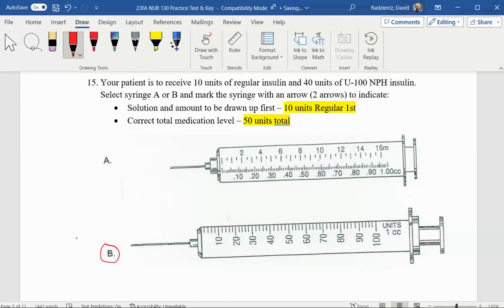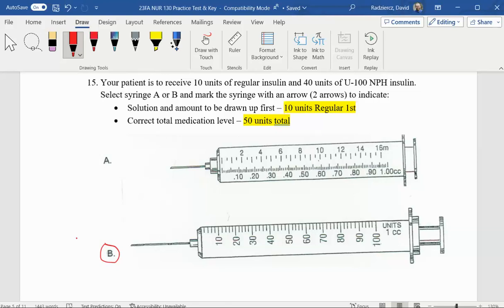So there's a little bit of nuance with this. When you draw this, you draw 10 units first, and then you draw the 40 units second. So you're actually going to mark the syringe in two different ways. You're going to mark at the total.